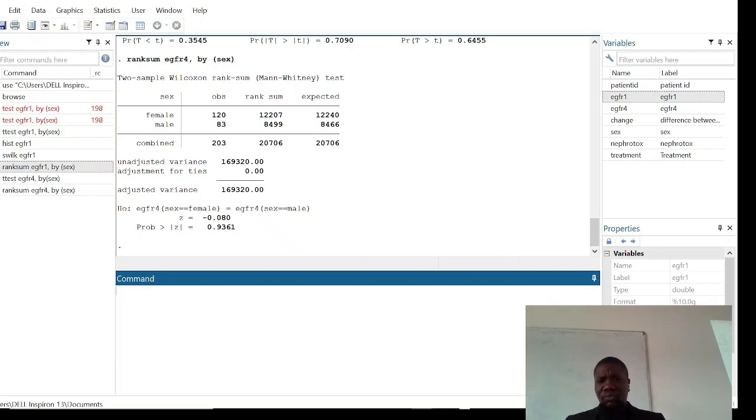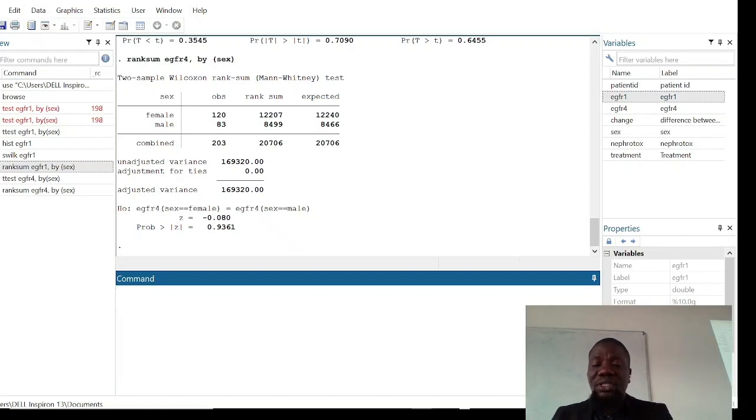Now, let's say you want to compare the patients that ended up with nephrotoxicity and those that did not. What result are you going to get? Nephrotoxicity, the variable here, is also a binary variable.